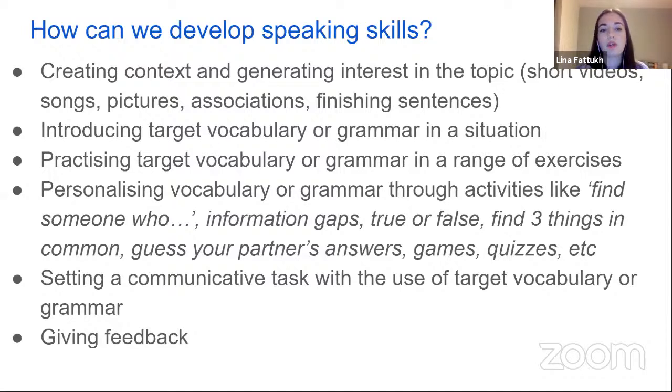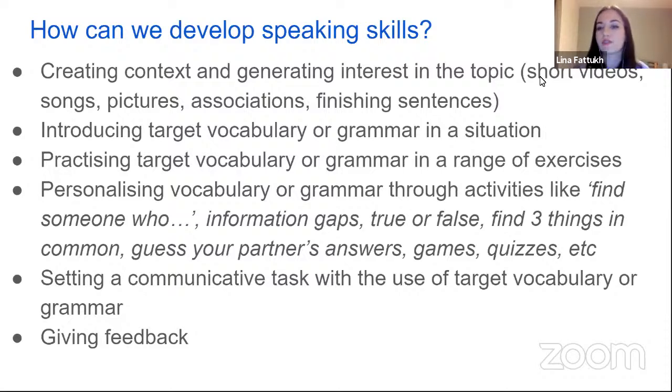Whether it's grammar or vocabulary, it really helps that students practice it in activities that help them to remember it better. These are tasks like find 3 things in common with your partner, or the person who's sitting next to you, or guess your partner's answers. These are different games and quizzes, or things like find someone who has never been abroad, for example, or students write 3 sentences about themselves.